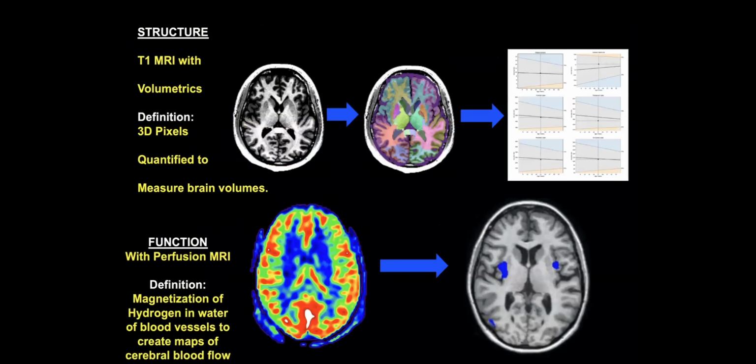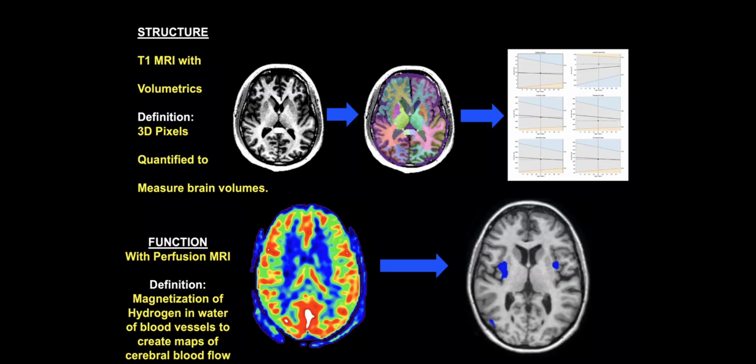And so again, the core sequences that we tend to talk about with advanced imaging include structural imaging with volumetric sequences. That means that we can acquire a high resolution anatomical scan of the brain that covers enough area where we can actually take the three-dimensional pixels of that scan, or voxels, and use that to separate, segment, and measure the individual brain areas as well as the overall lobar structures and compare them to normative data to determine whether or not there is subtle evidence of brain atrophy that might not be visible to the naked eye.